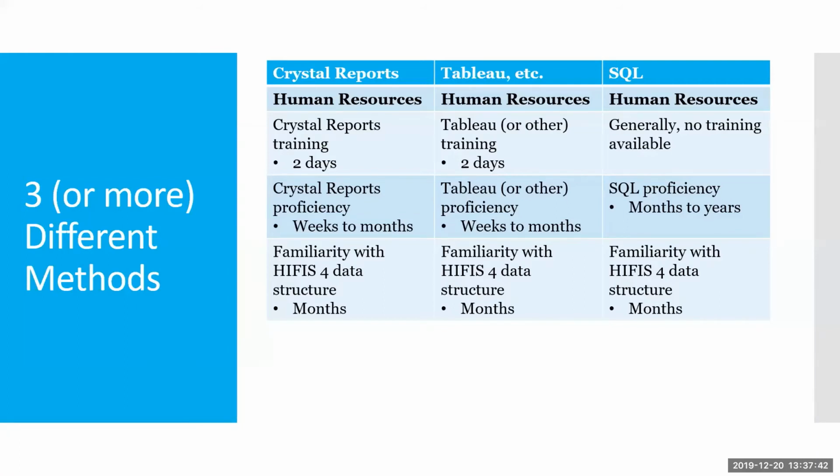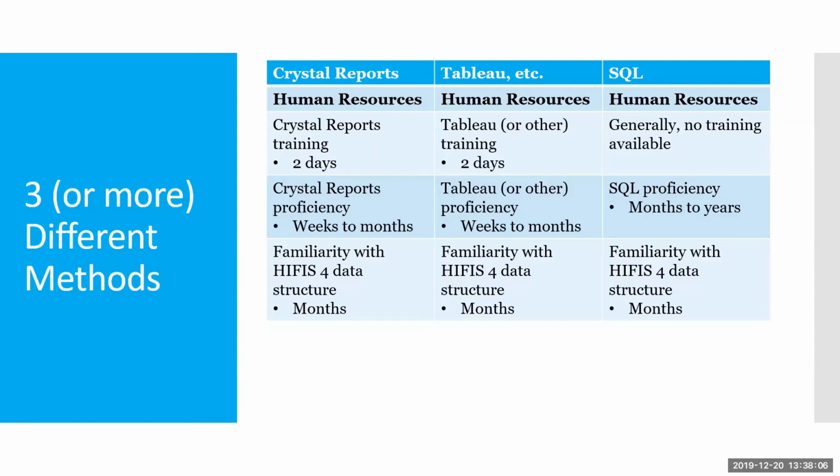And then for any of these 3 approaches, you're going to additionally need familiarity with the HIFIS 4 data structure. Unfortunately, a lot of the time, if you take training on Crystal Reports or Tableau, they use a sample database that you can practice with, but it'll be something like sales figures.